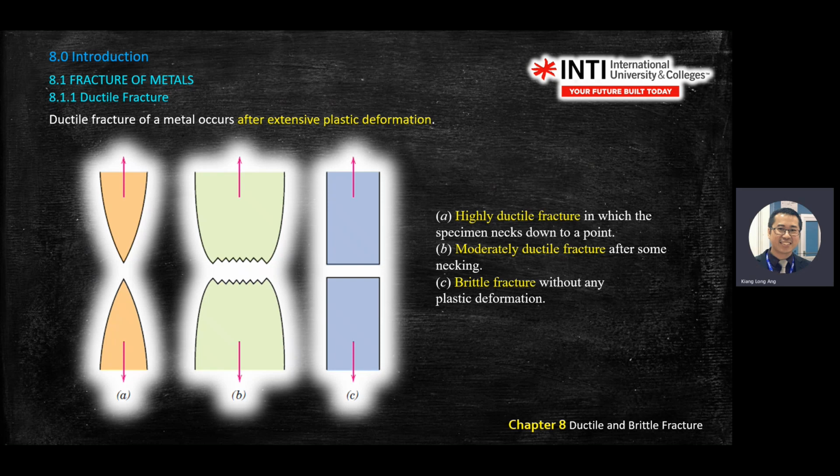When you are asked to explain fracture or types of fracture, don't miss out the red arrow in your diagram. This red arrow is the loading or force that is pulling the parts. So in your diagram, don't miss out the loading.